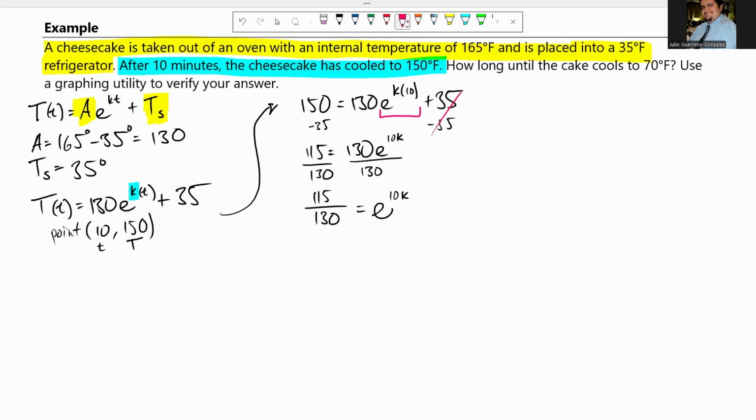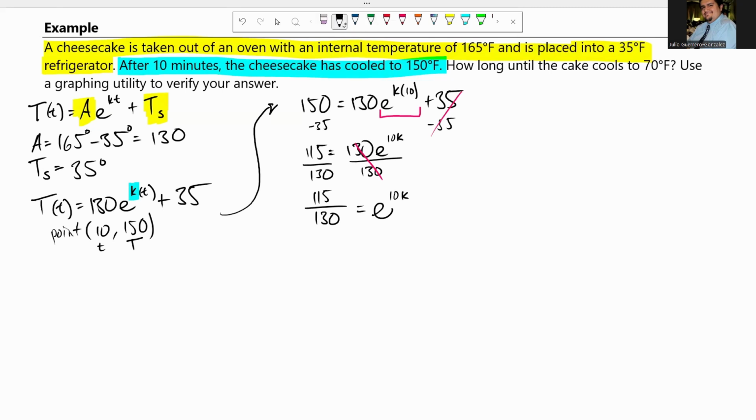Let me go ahead and cancel stuff away while I'm at it. There we go. We have our exponential version, and I get to change it into my logarithmic version. Let's do it over here.